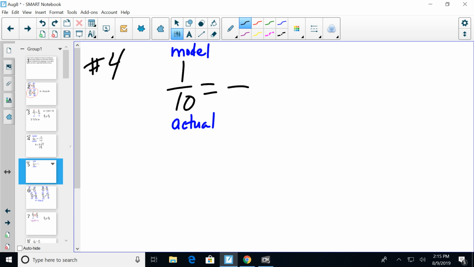What represents the model? 18.5. And x is in the denominator because that's our actual. That's what we're looking for. Don't yell out what the answer is yet, if you've already done it.